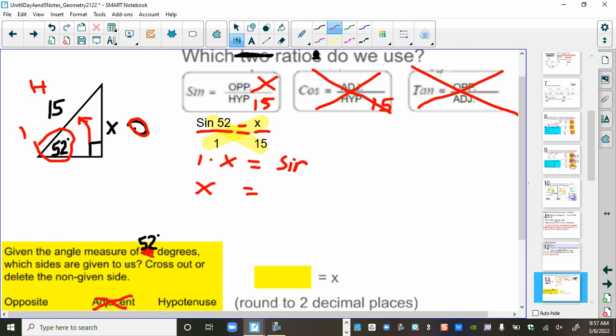Sine of 52. And this is where we're going to need our calculators, ladies and gentlemen. Now remember, sine of 52, that's a number. So if we use our calculator, what would be the sine of 52?